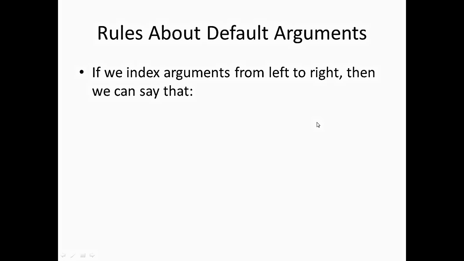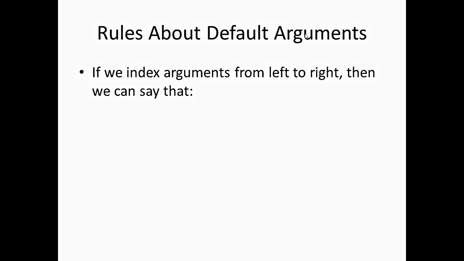Here are the rules about default arguments. First, I want to give you this indexing system, and you can think of this indexing system not just for VB.NET, but every programming language except Fortran, which is a strange language, and every software system where any kind of coding is done. There are two things: index number or indexing and the item number.